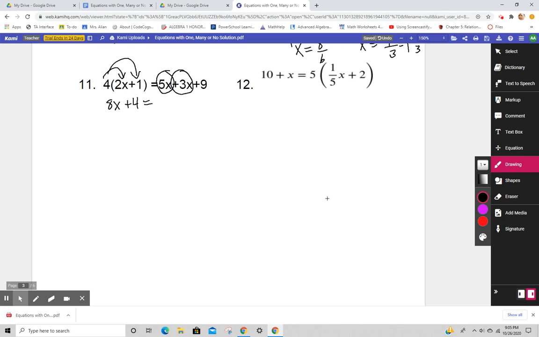You have 5x plus 3x, that'll give you 8x plus 9. Let's subtract 8x from both sides. And this will be 0, and this will be 0, giving us 4 equals 9.